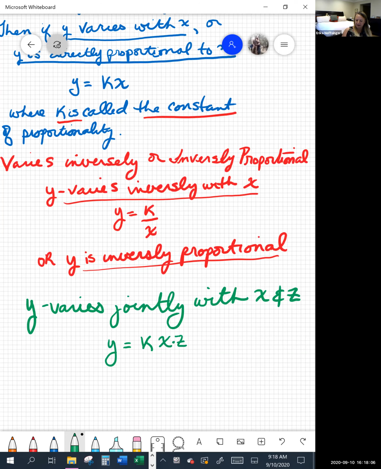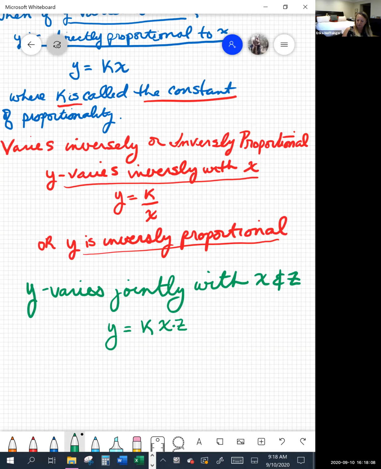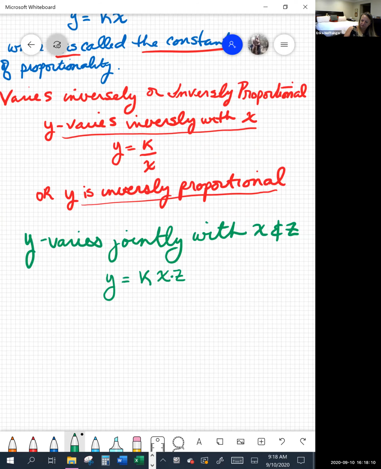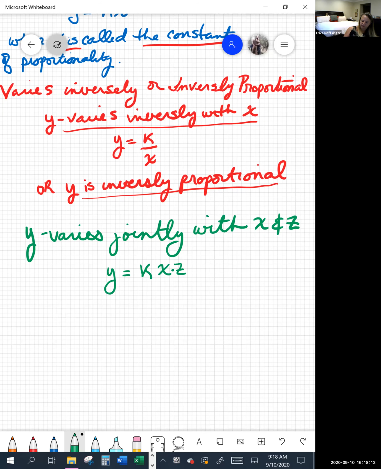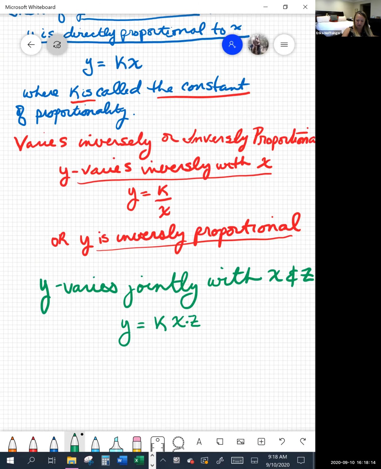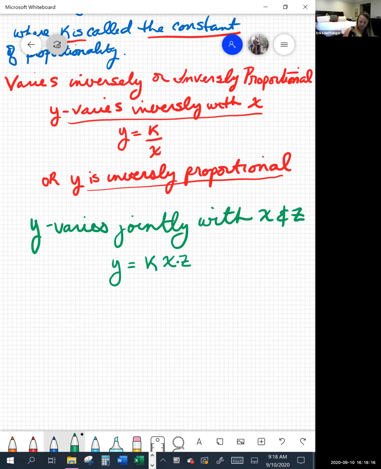Or it would say varies jointly proportional. Okay, so knowing that, let's do a couple of setups, and then we'll go into the deeper word problems.